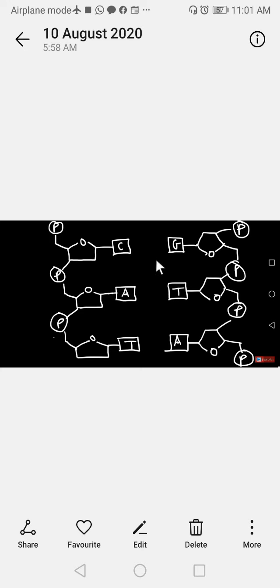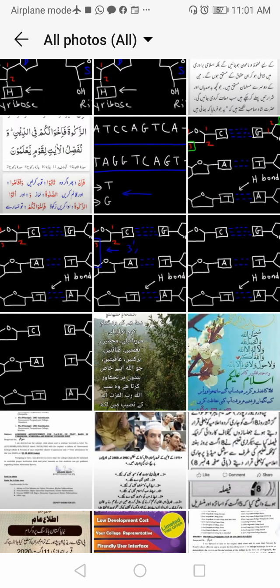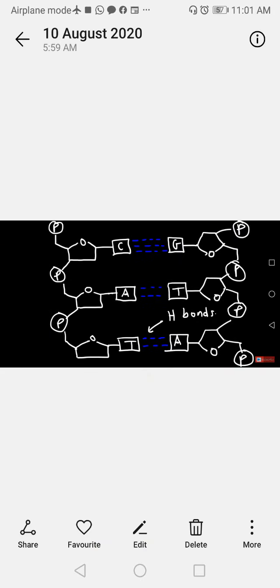GC are connected with 3 hydrogen bonds. These two are connected with 3 hydrogen bonds. These two are connected with 2 hydrogen bonds with one another. So these are the complementary bases. Hydrogen bonds can be shown here by dotted lines.